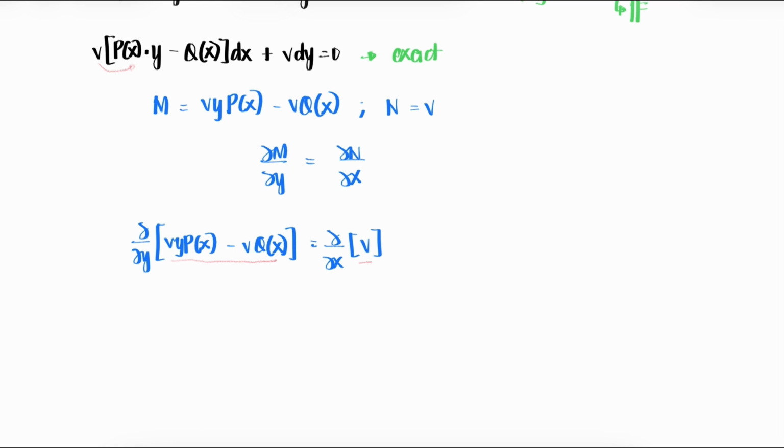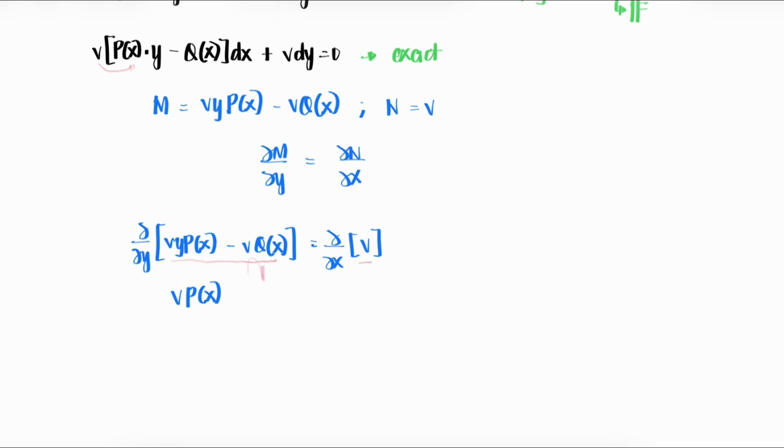Remember, because we are taking the partial with respect to y, all other variables are treated as a constant. So meaning v here and x here are constants, and because we have y here, then the partial there is just the other variables. So that's v p of x, right?